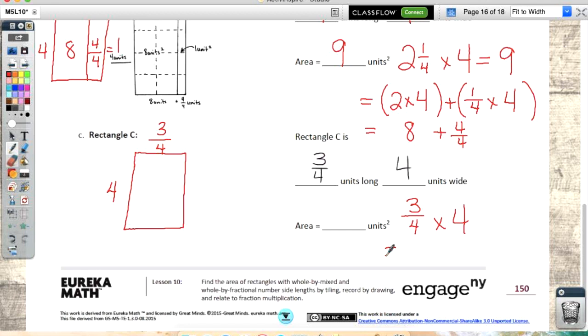No. So the numerator times the whole number. So this would be 12/4, which is actually a division problem, isn't it? 12 divided by 4 equals 3. And I'm just going to write 12/4 here. That was even more simple, wasn't it? Okay, let's look at the next page.